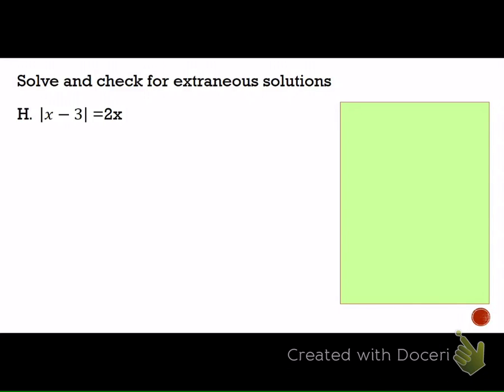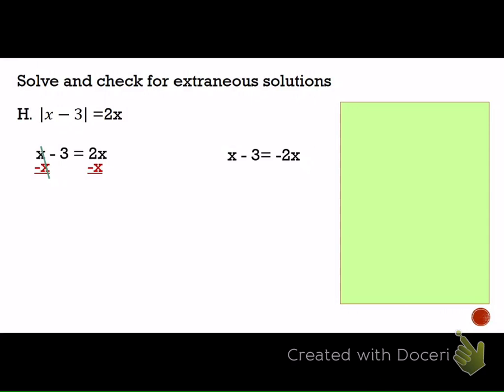So, what am I going to do right now? Make your two problems. X minus 3 equals 2x. X minus 3 equals negative 2x. All right, I got variables on both sides, so I'm going to subtract the x first.